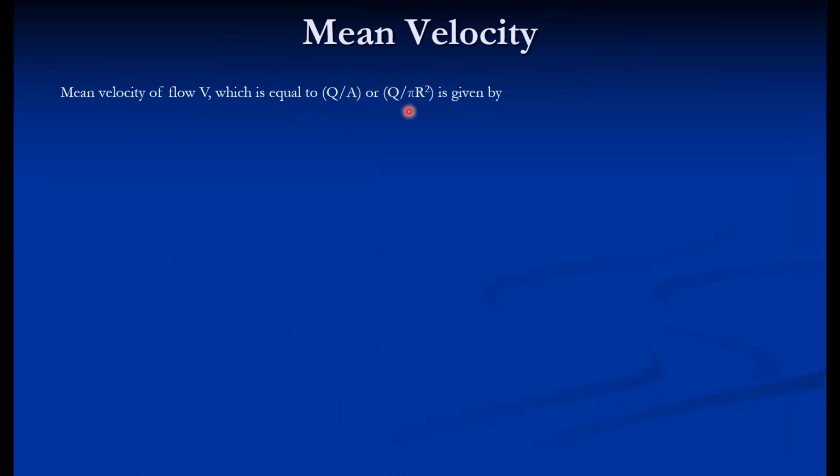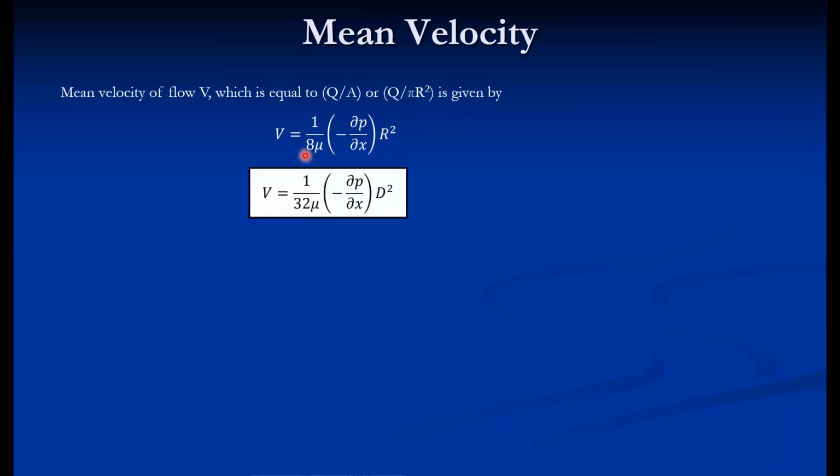So we only divide Q by pi r square. So pi gets cancelled and one R square remains. So this is the mean velocity component, in terms of radius, and this is in terms of diameter. So the mean velocity is given by this expression. Call this equation number 10.